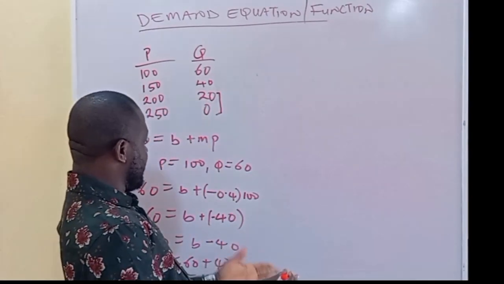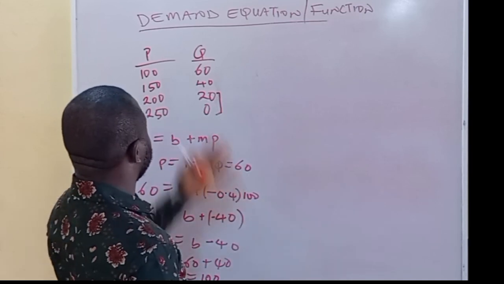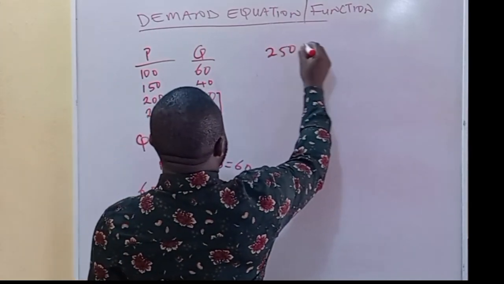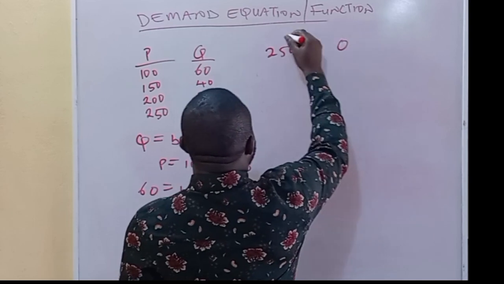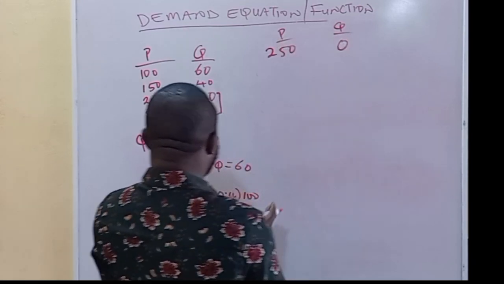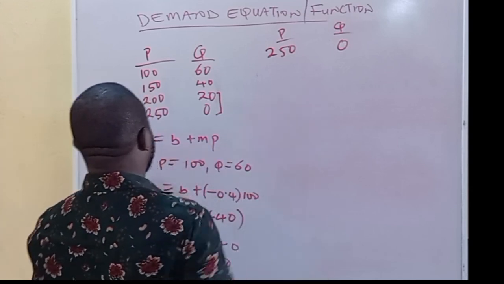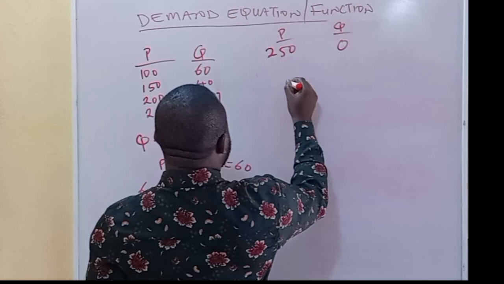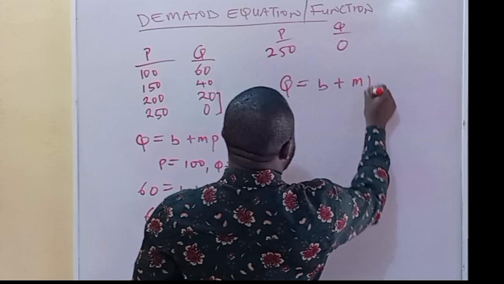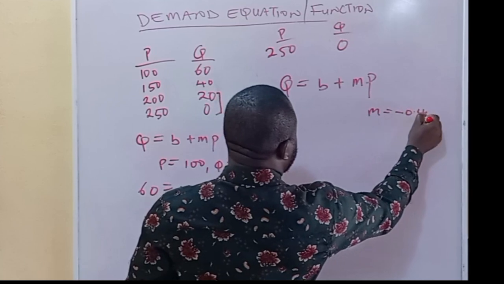For the sake of emphasis, let's take another price quantity pair from the demand schedule. Let's take price 250 and quantity demanded 0, and substitute into the demand equation to obtain the B coefficient. From our demand equation form, Q equals B plus MP, and we already have M as minus 0.4.